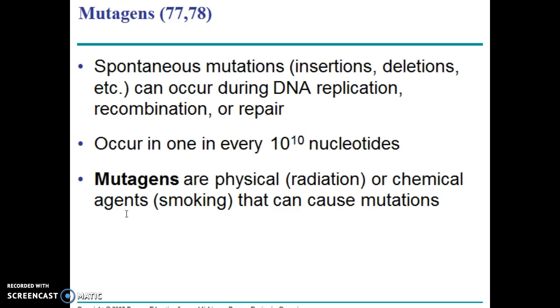Another example of chemical mutagens would be chemical interference with replication. So we have these chemicals that interfere with replication. How do they work? Well, they insert into the DNA entirely, and this would distort the double helix as a result.